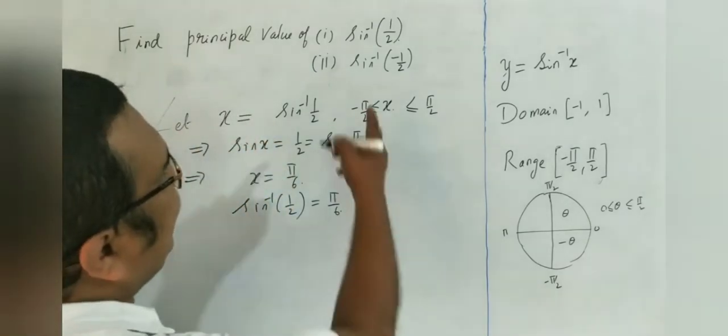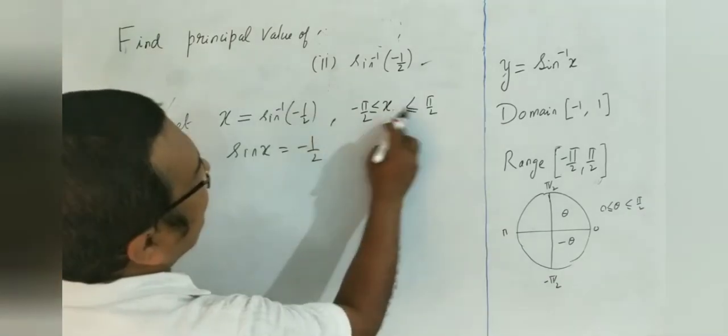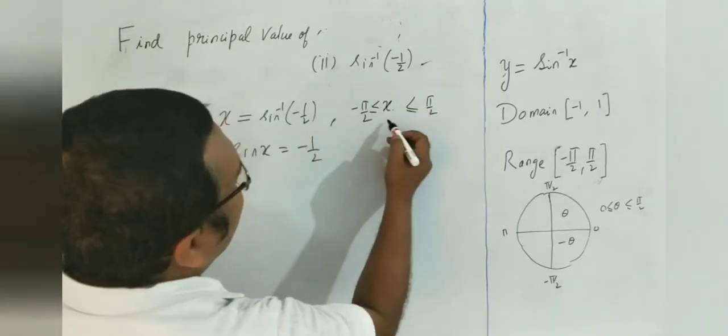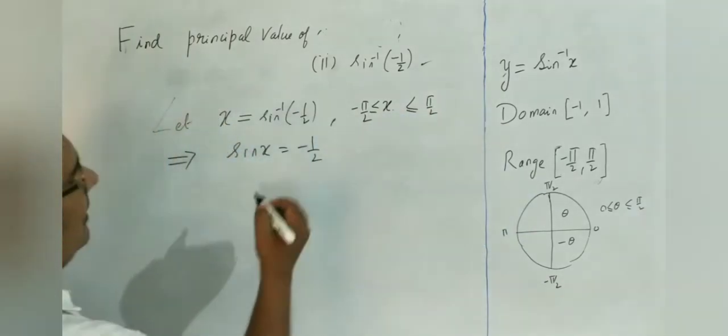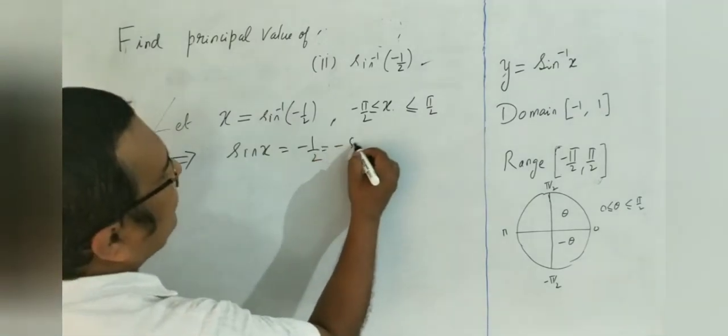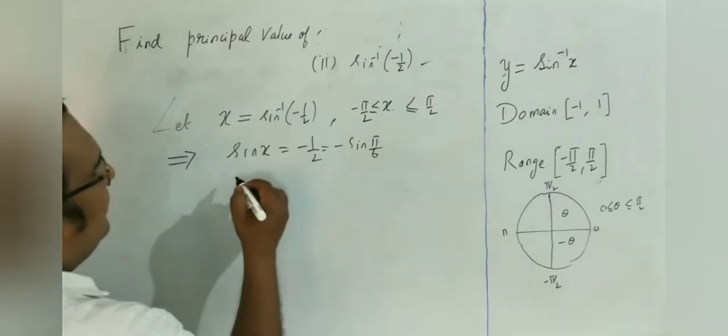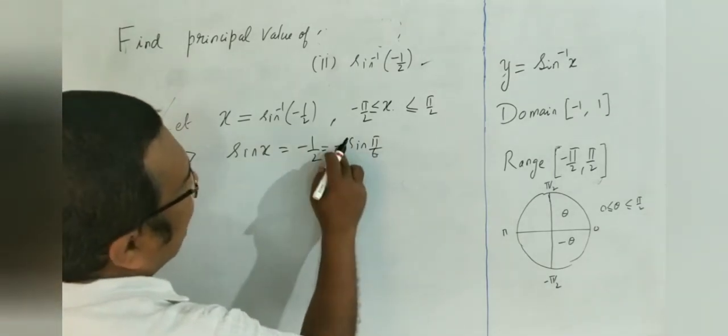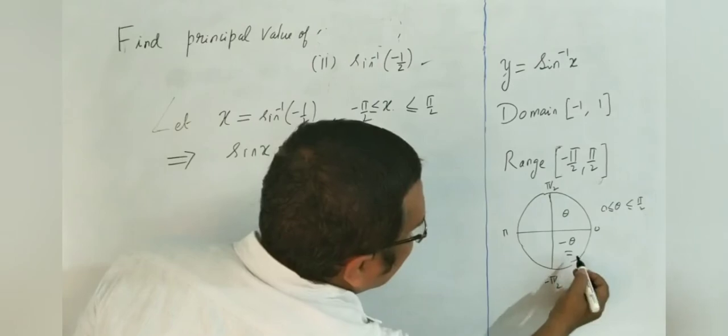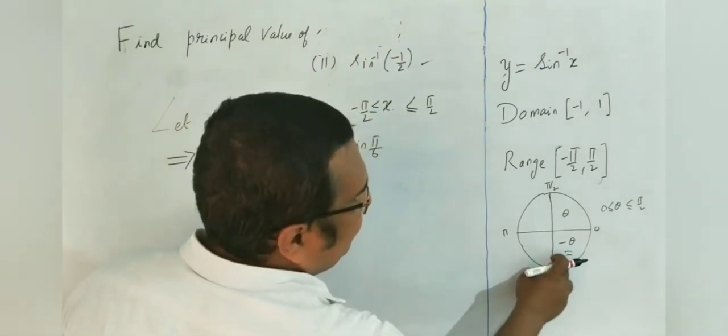Now I take the negative number. And here for x, we have to write within the range, this is minus sine pi by 6. But this is negative, and sine is negative in the fourth quadrant.